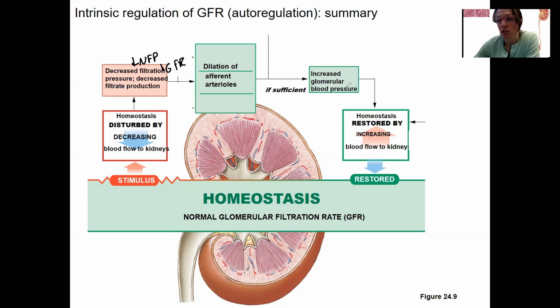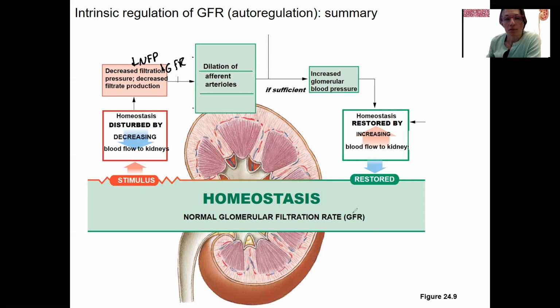If this is sufficient, we're great. We've got homeostasis restored, blood flow to the kidney is restored. This is an immediate local response of the kidney to altered blood flow to the kidney, and intrinsic autoregulation. Oftentimes the kidney can regulate GFR itself.